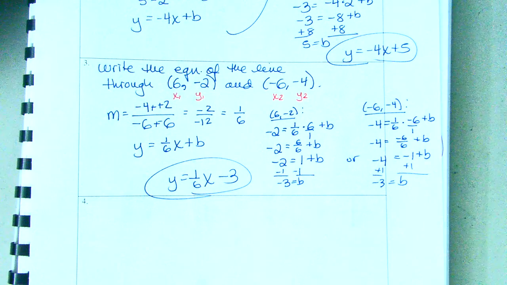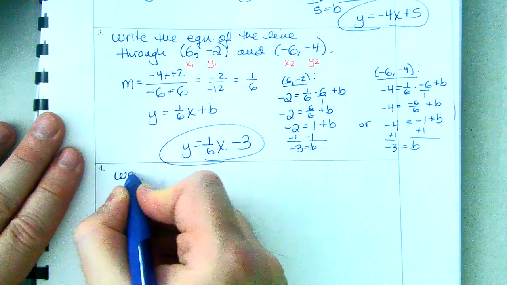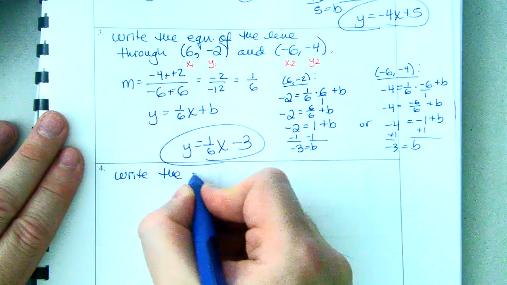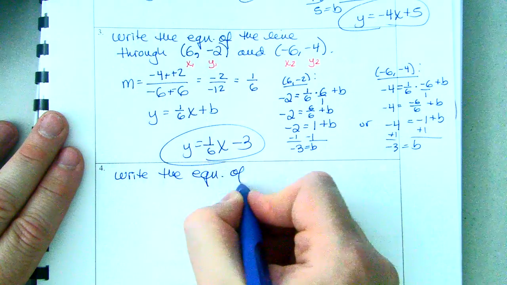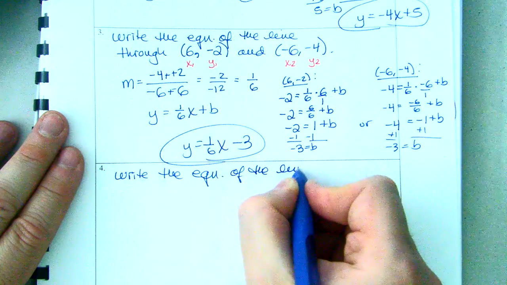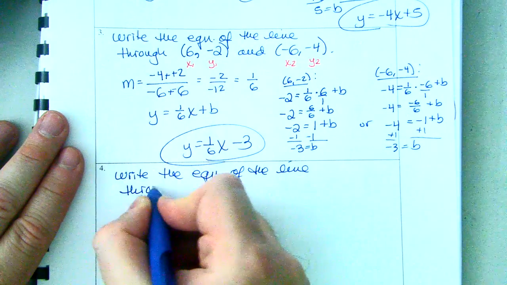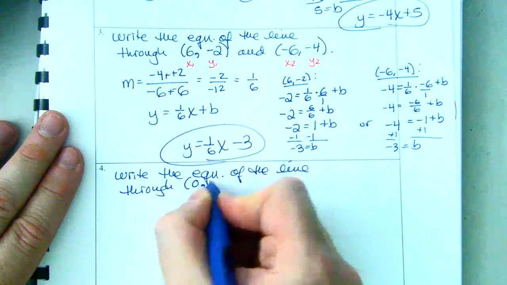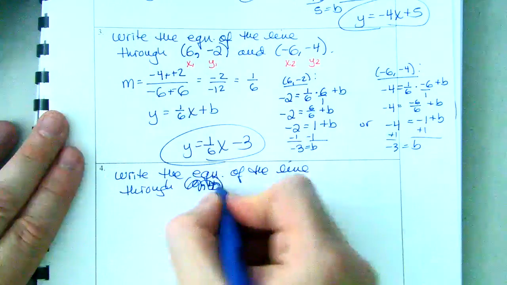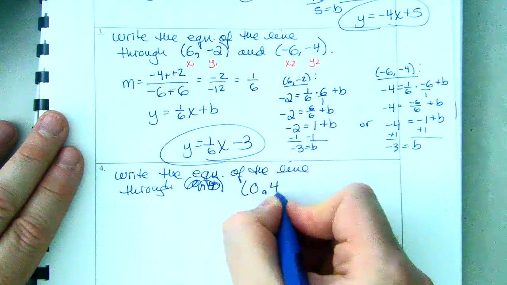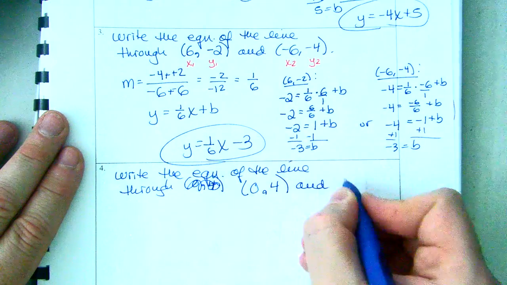One more in the notes. One more, probably about as tricky as I can make it. And maybe I won't do anything. Maybe I'll just let you see what you can do here. We're going to write the equation of the line through 0, 4 and 7, 1.